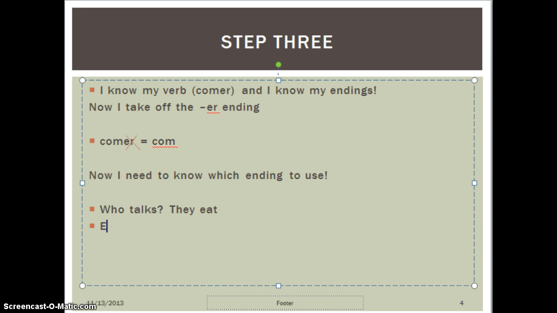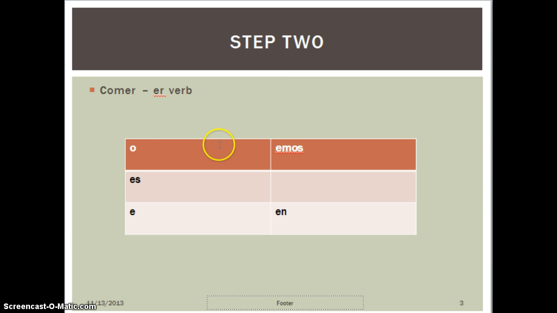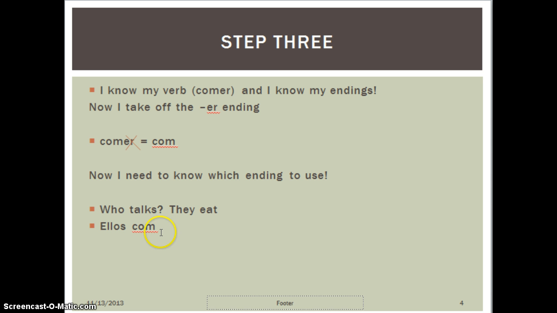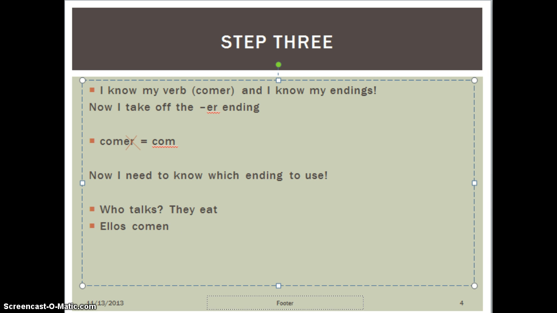So I know I'm going to use ellos for they, and I have com down, but I need to know the right ending. So I go back to my chart and I pick which matches they. I know en is going to match they, ellos, ellos comen. Okay?